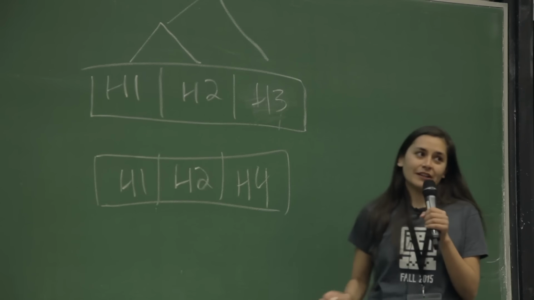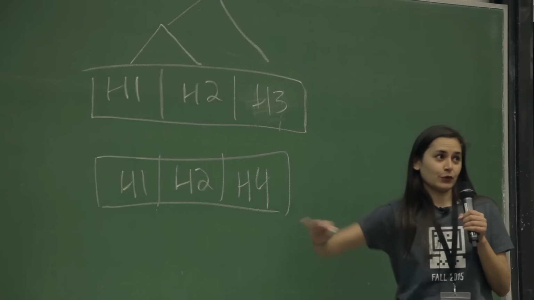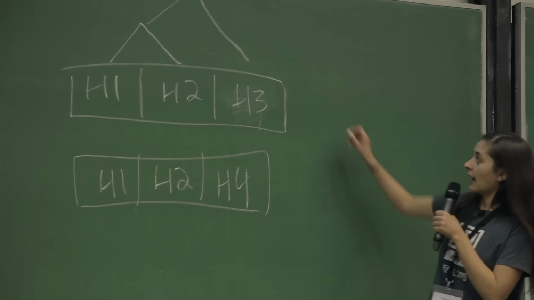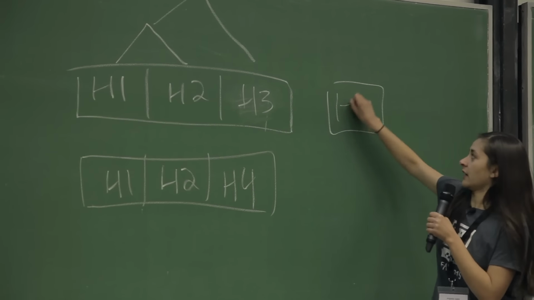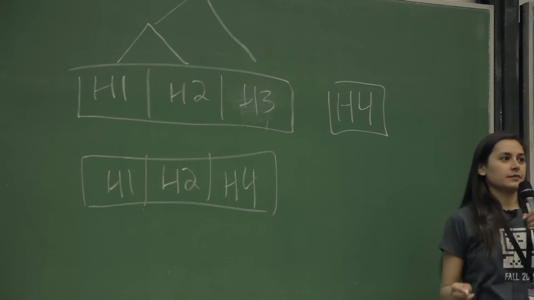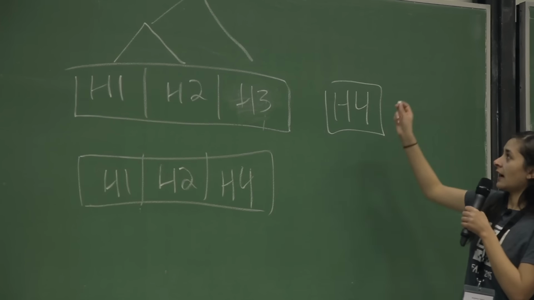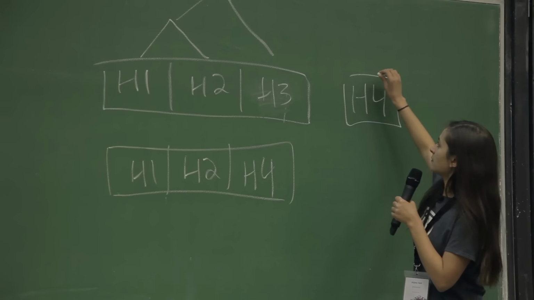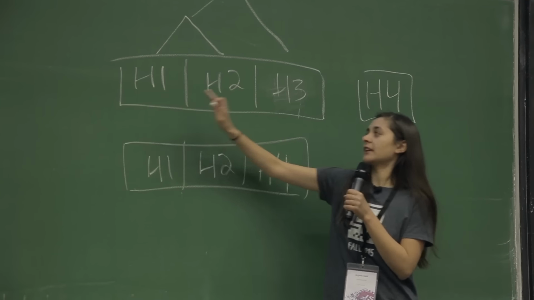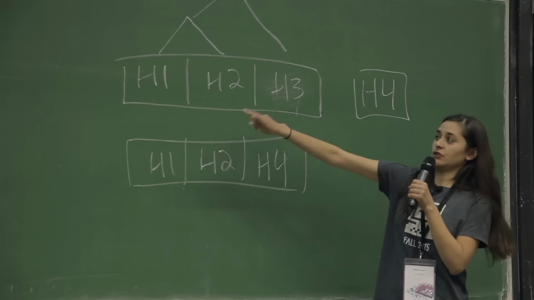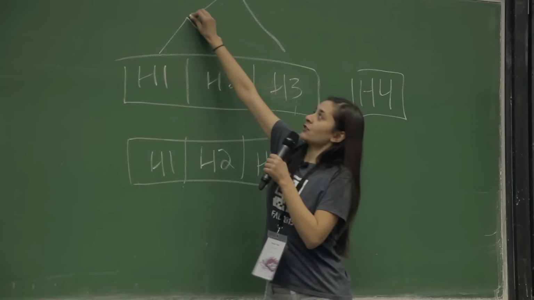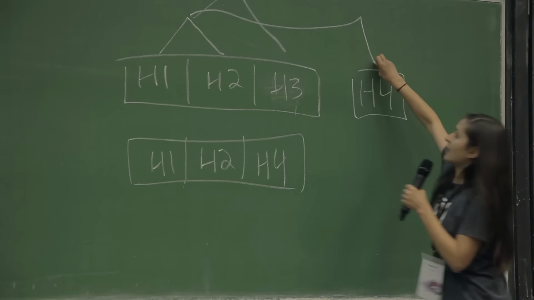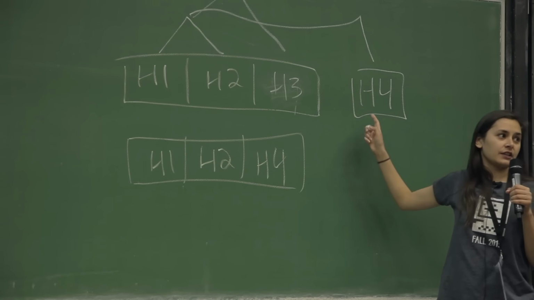And if I want to change something, I don't need to replace the entire array. I can just make a new node over here, like H4. And now I can make a new tree, which instead of repeating H1 and H2, I can reuse those same things and just make a new node, which connects them to my new element over here.